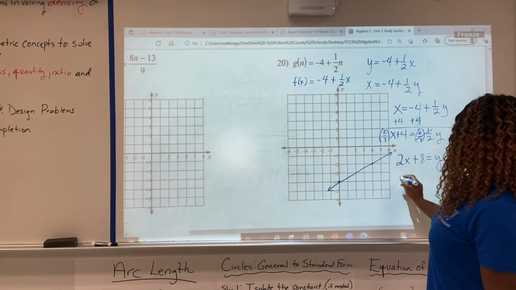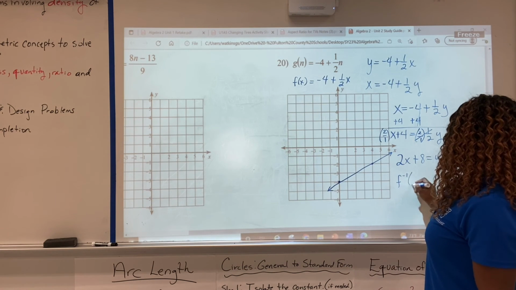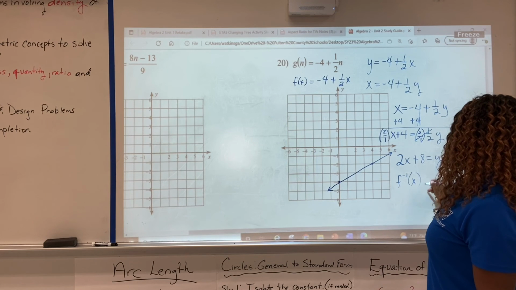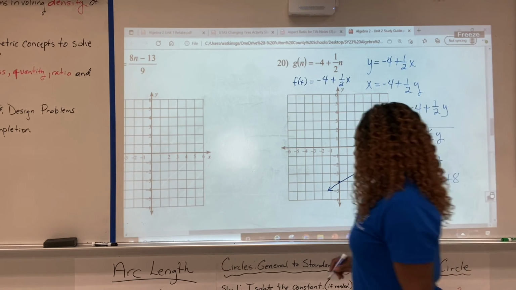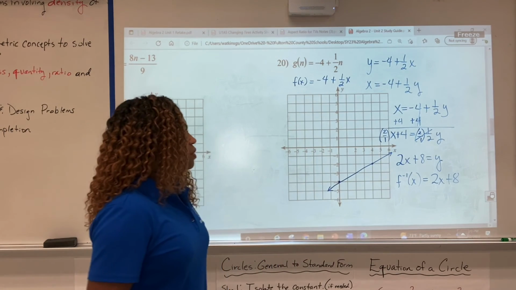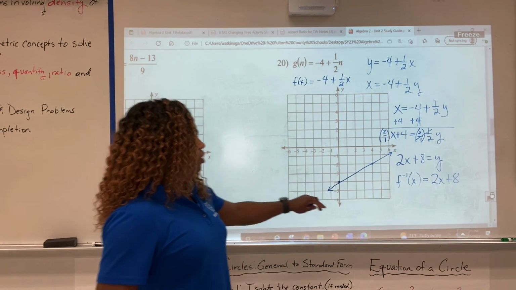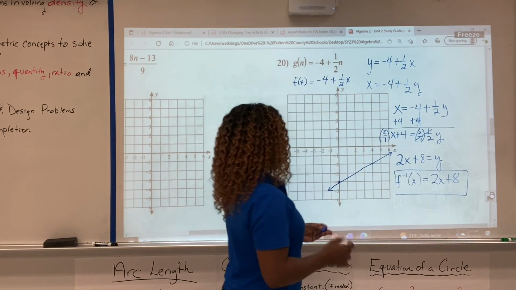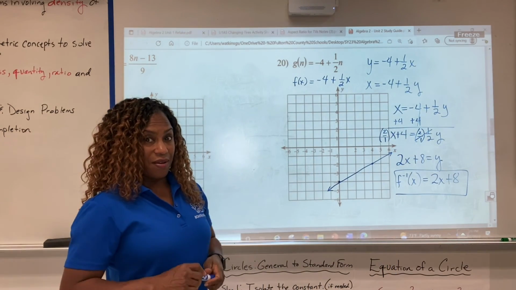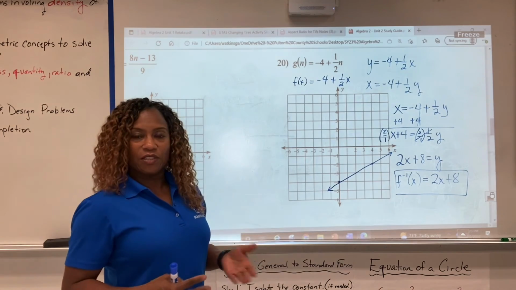I'm gonna rewrite this using the inverse function notation, 2x plus 8. All right. And now we're gonna graph this function on the same coordinate grid. But there's your inverse.